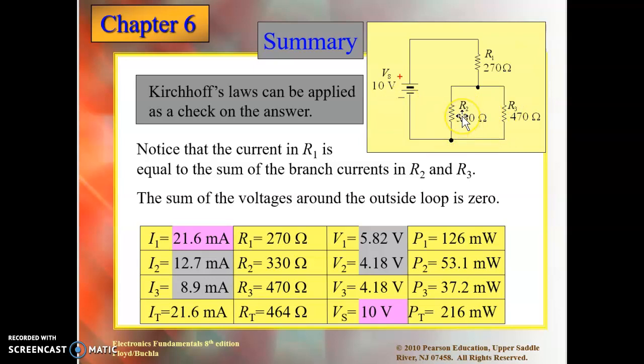So I2 plus I3 has to equal I1, and we see that I1 is 21.6, I2 is 12.7 and I3 is 8.9. If we add them up, they add up to I total. So it makes sense what they are saying here.